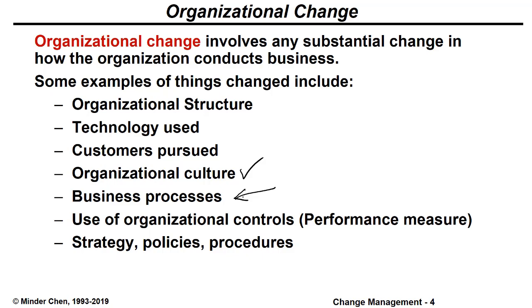How you measure performance may be considered a major change in your organization. At least that's what most of your employees care about: how they will be evaluated and rewarded. Changes in your business strategy, policy, and procedure are also examples of things that may change over time in an organization.